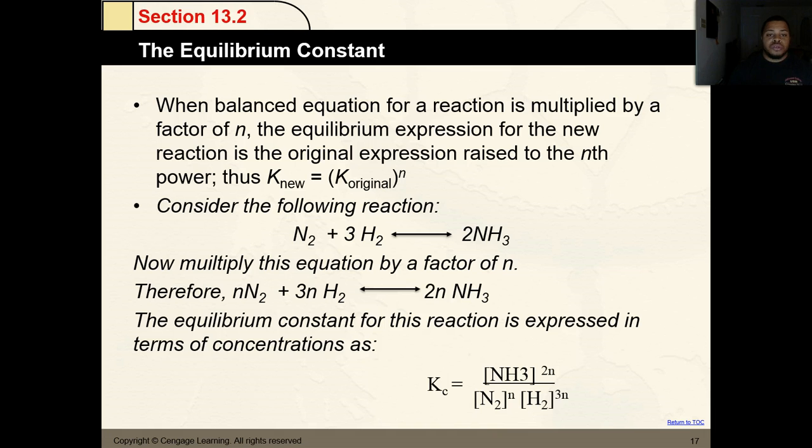So if I'm going to adjust this reaction, again going back to that Haber process, N2 plus 3H2 yields 2NH3, and we want to multiply this by a factor of n.